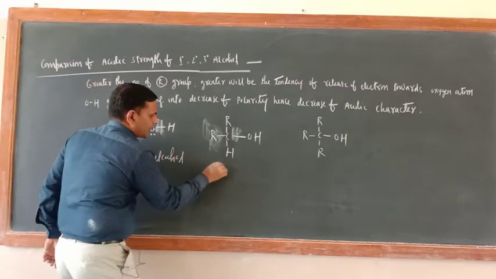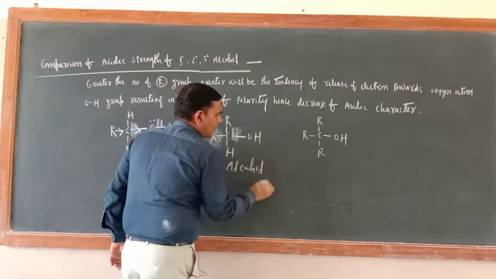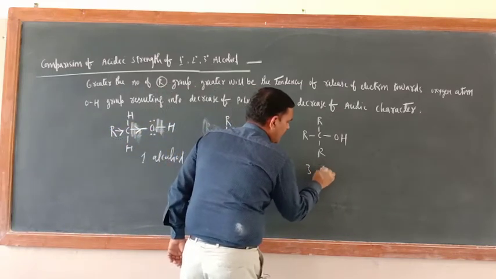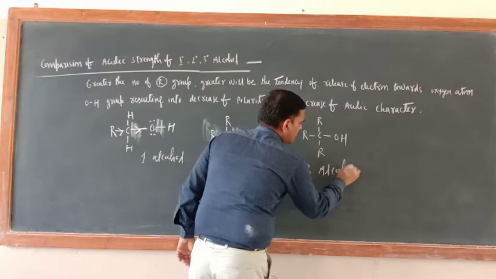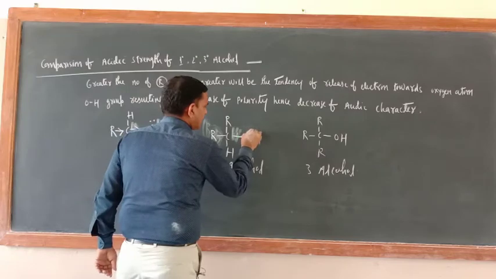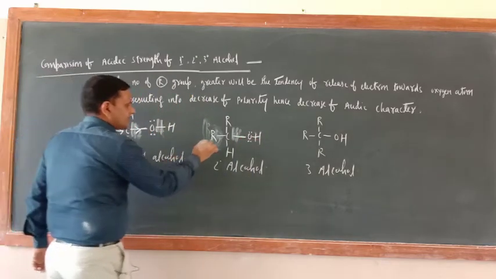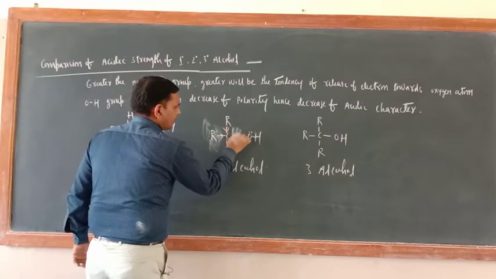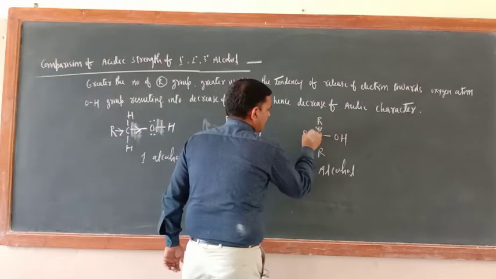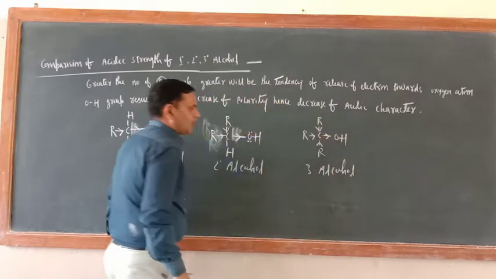In 2 degree alcohol 2 R groups are there. So the greater the number of R groups, the greater the electron releasing tendency towards the oxygen atom. So when this oxygen atom acquires more electrons from these R groups, then what would happen? Now the polarity of the OH bond will decrease.